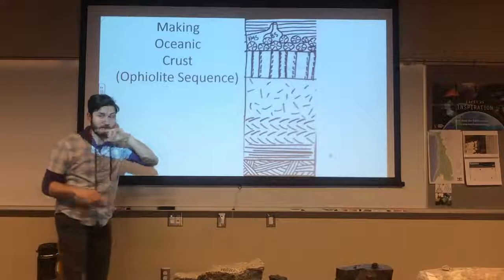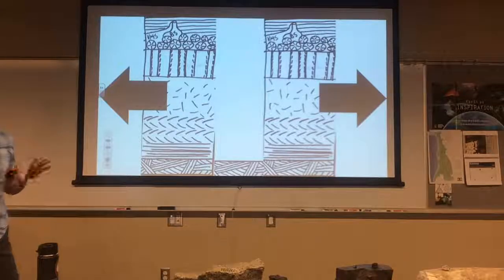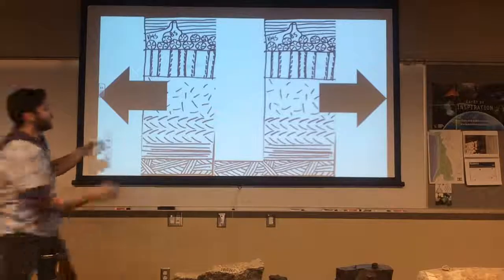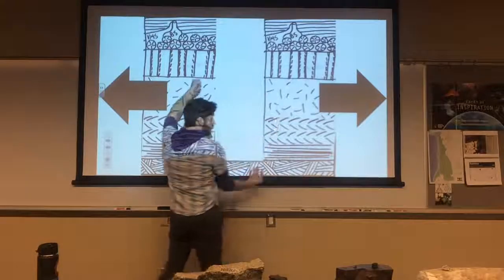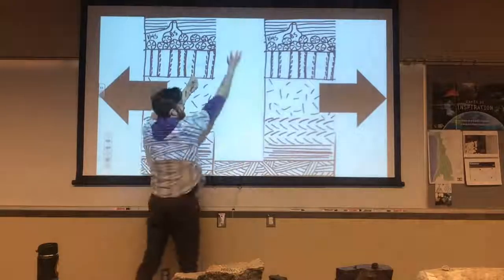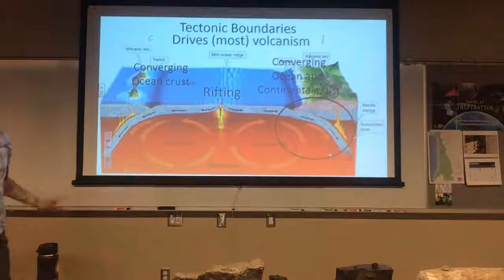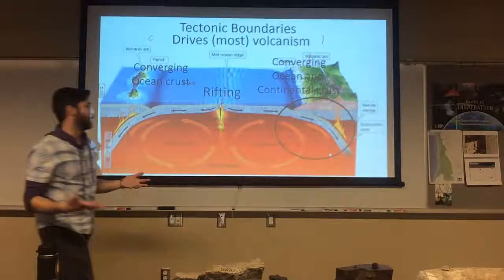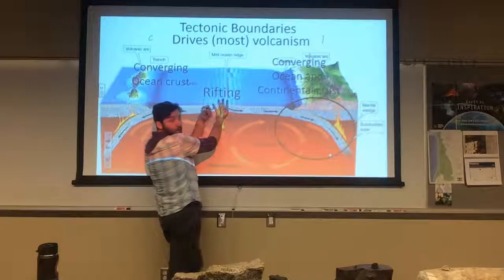Okay, but let's finish up here with the ophiolite sequence. I wanted to then put this in kind of a sequence here. If you rip across, or if you rip apart the ophiolite sequence, decompression melting occurs, and this fills in with more ophiolite. Okay, and so on and so forth. Every time this opens more, it's filled in more.